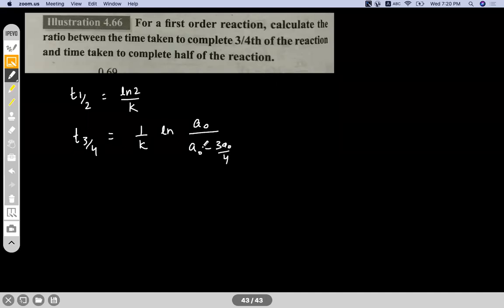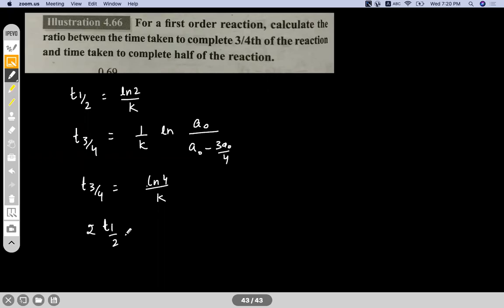So it is 1 by 4, so ln 4 by k. So T3 by 4, we are getting it as ln 4 by k. You can take the ratio, you'll get twice of it, right? 2 into half is equal to T3 by 4, correct? Twice of T half.